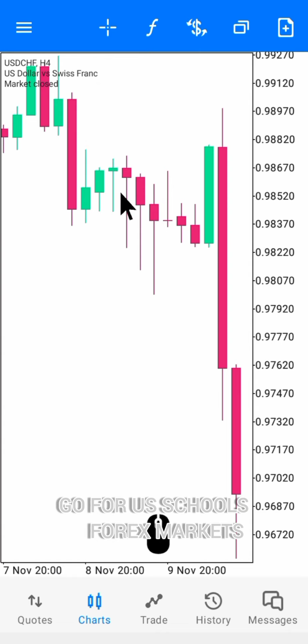This is the high. For a bearish candle, its high is above and its low is below. Then for a bullish candle, its high is above and its low is below.